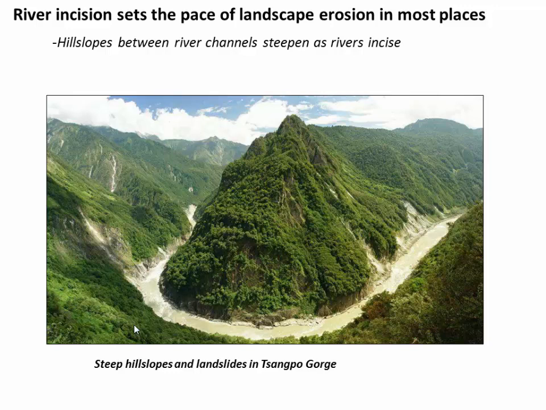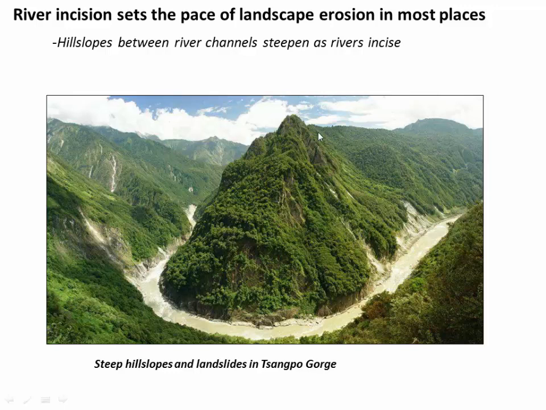Here's another shot of the Sangpo Gorge as it cuts down through the eastern Himalaya. And what we see is that it's the downward erosion of rivers that essentially sets the pace of landscape erosion. But the key idea is that as this river goes down, these hill slopes become steeper, okay?